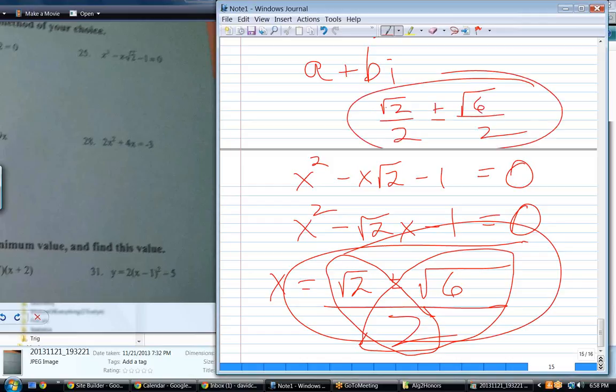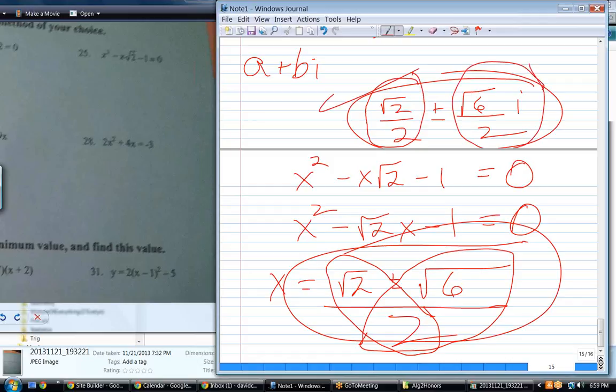I think it's fine with just this. If it's an imaginary solution, then it's very important to put it in this form, because a plus bi is such a standard format. In other words, if I had an i there, I would want to do it this way, because this is the real part and this is the imaginary part.